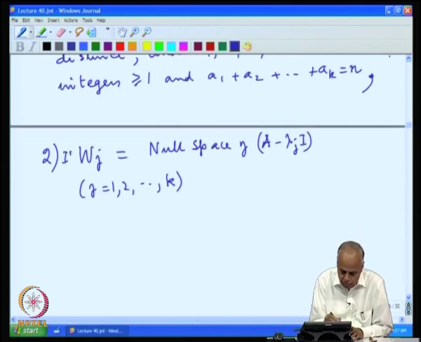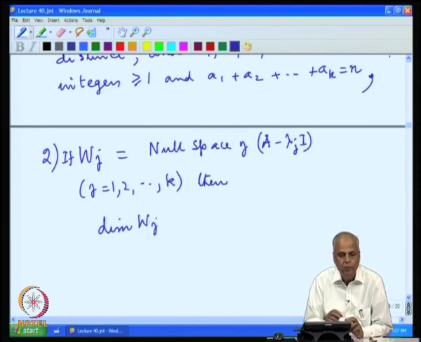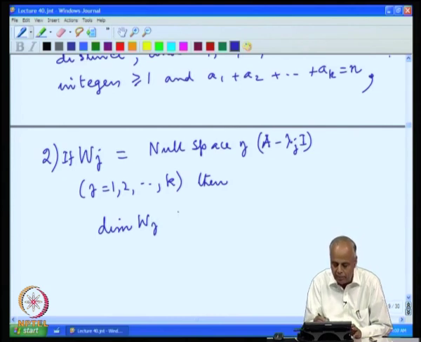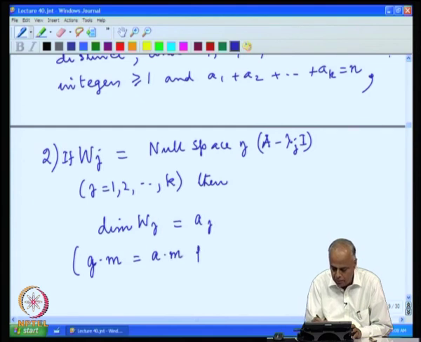Then the dimension of W_j, which we called the geometric multiplicity, must be equal to the algebraic multiplicity.